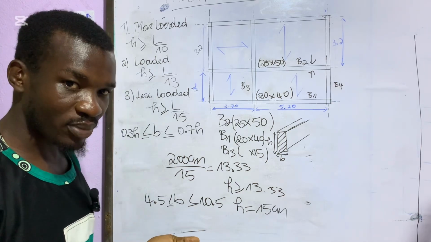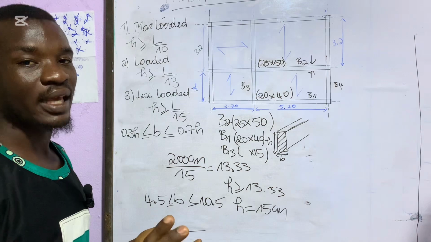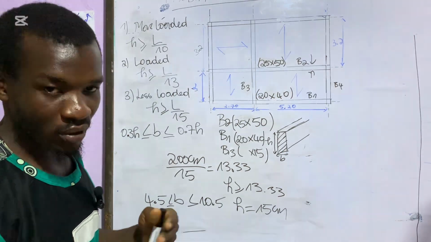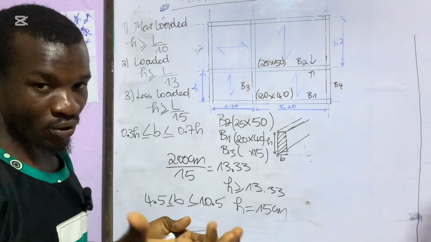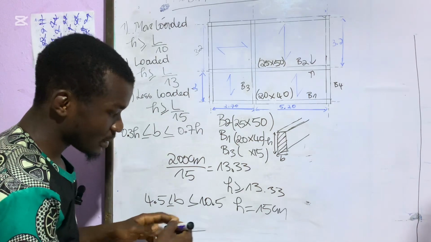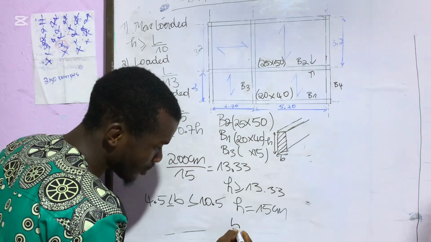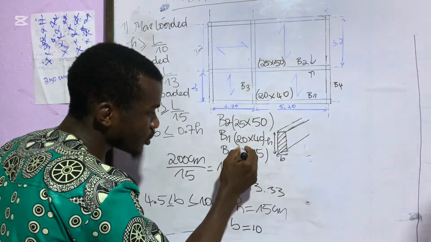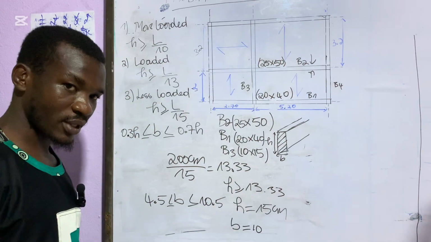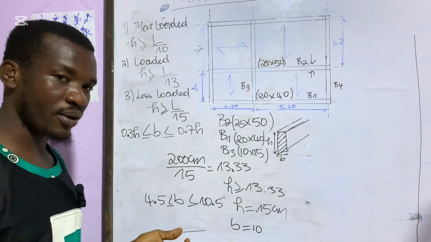And for the cost of implementation, we'll try to take a digit that is easy to find as board, for example. So we'll just take directly base now equal to 10 centimeter, and you see we are still in the range here.